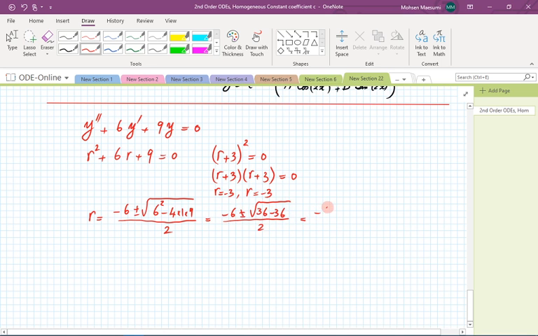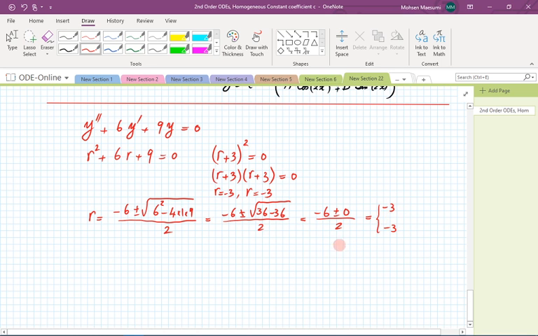And so that's minus 6 plus or minus 0 over 2. It doesn't matter if you add or subtract; in either case, you get minus 3. So again, you remember we saw a variety of names used to indicate the situation: twin roots, identical roots, pairs, two of a kind, or root of multiplicity 2.